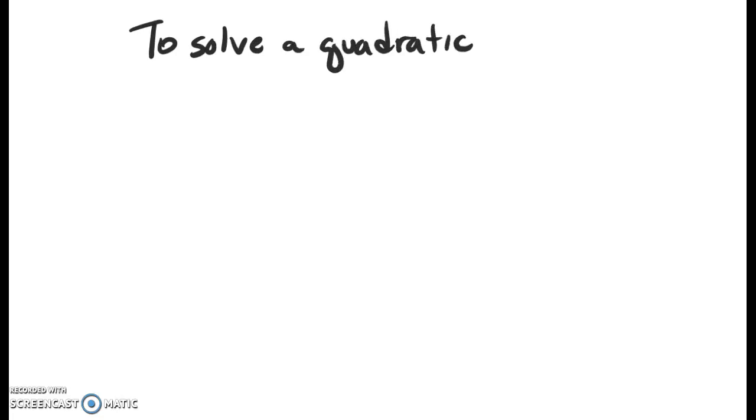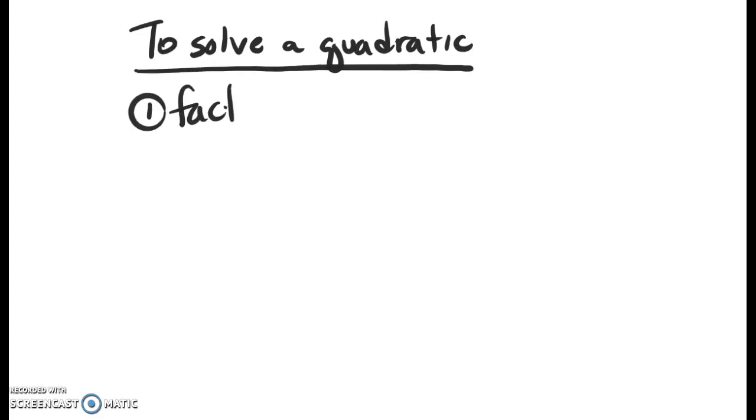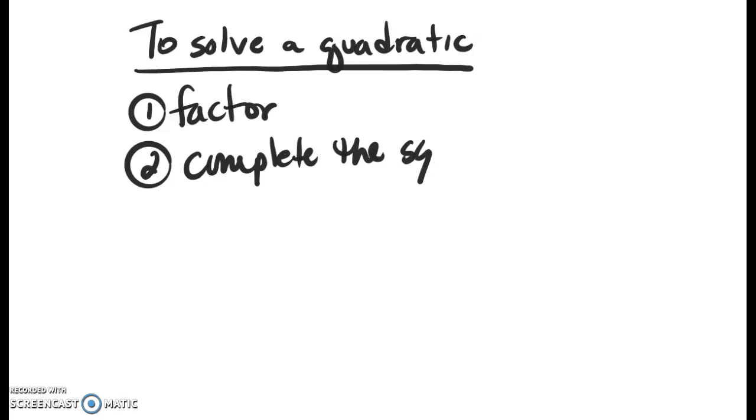To solve a quadratic, there are three options. Option 1 is to factor it. Option 2 is to do what's called complete the square. And option 3 is to do the quadratic formula.